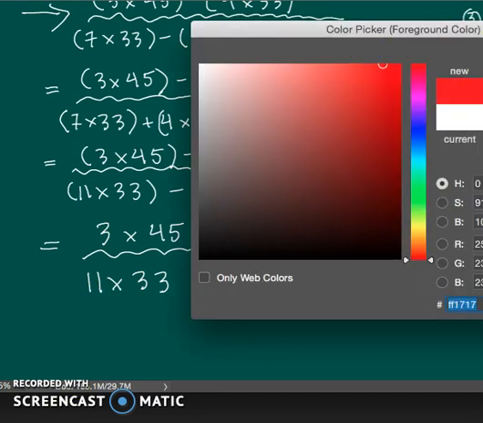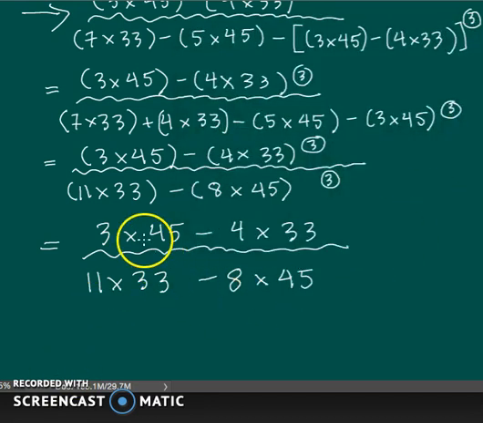Let's grab a different color pen. On the top, I've got something multiplied by 45 minus something multiplied by 33, and I know that this is worth 3. On the bottom, the same thing.